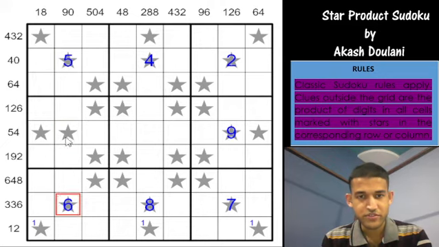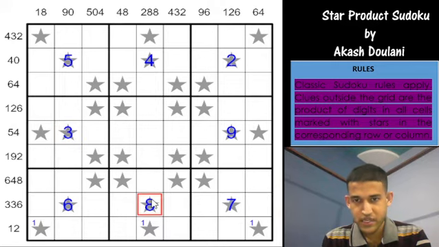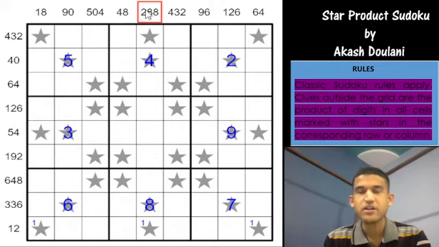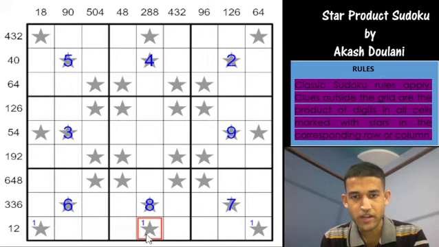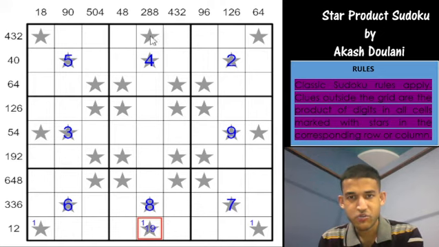So 5, 6, and this would be 3. 4 8s are 32, and I need how much more? 32 multiplied by 9 is 288, and 9 cannot be 3 multiplied by 3, so this would be 1 and 9, right? 1 9 1 9.